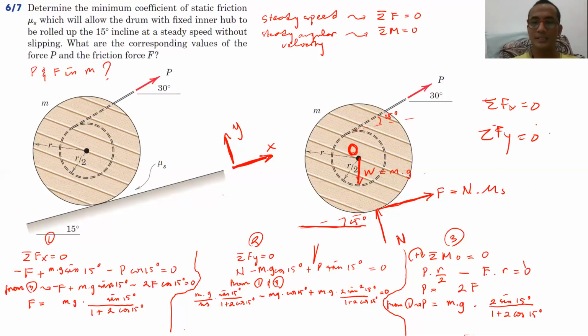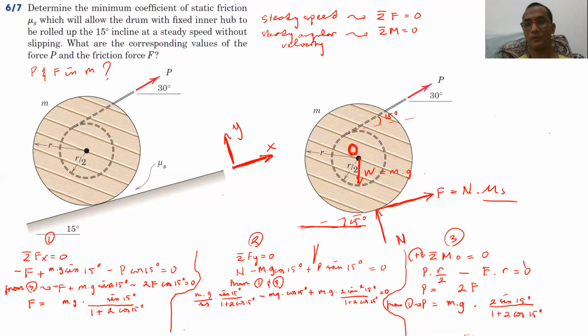But this one is not a point equilibrium, because there is a rotation as well, and the forces are not going through the same point. That's why we have another equation, which is sigma moment equals 0. So we have three equations in order to solve the problem. There are several unknowns, and as you can see here, one is mu s.